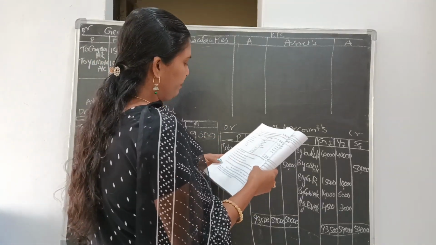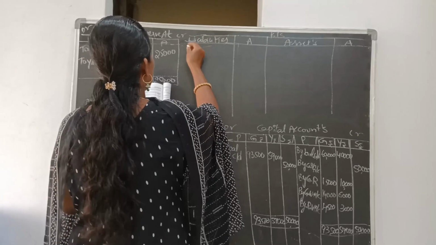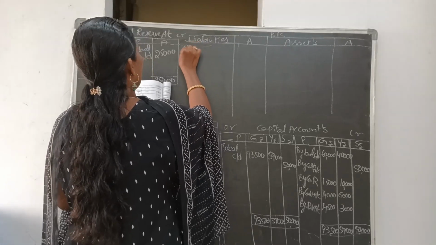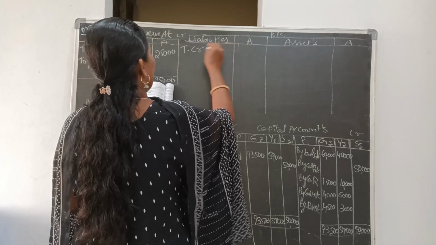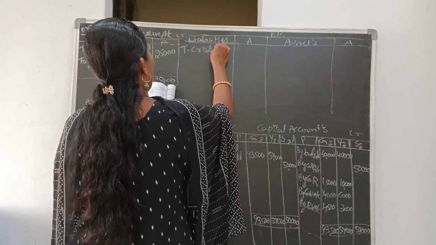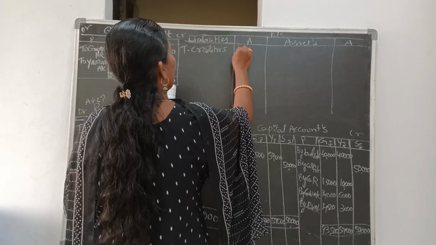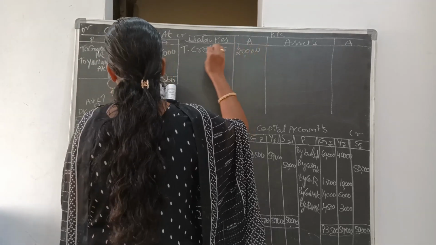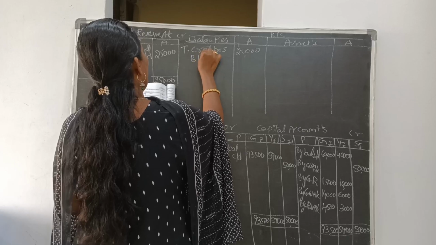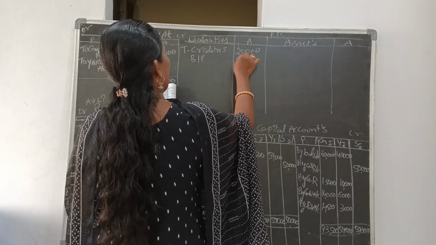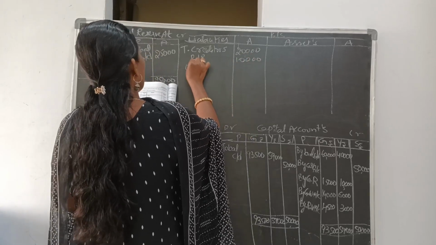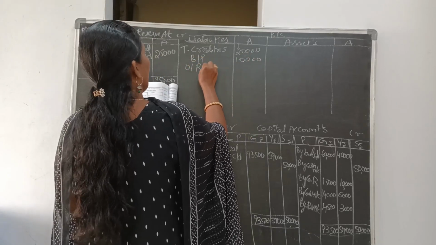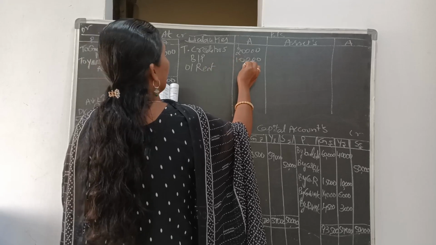Now first we'll post on the liabilities side, sundry creditors. Here trade creditors are given. So trade creditors are 20,000. Next bills payable is 10,000. Next, outstanding rent is given.